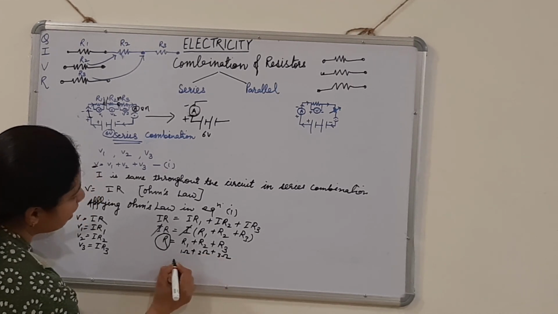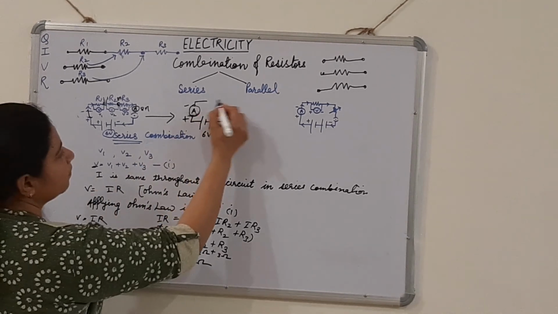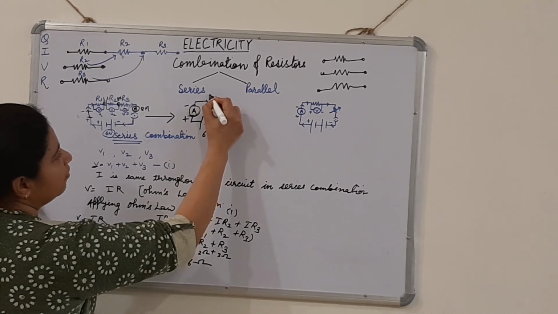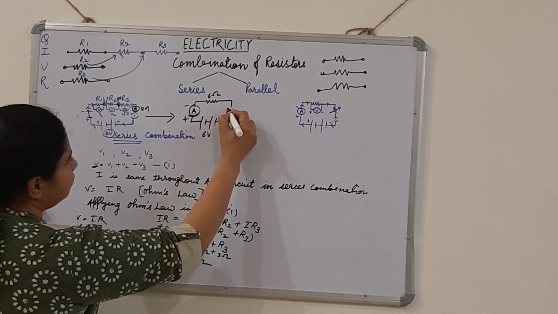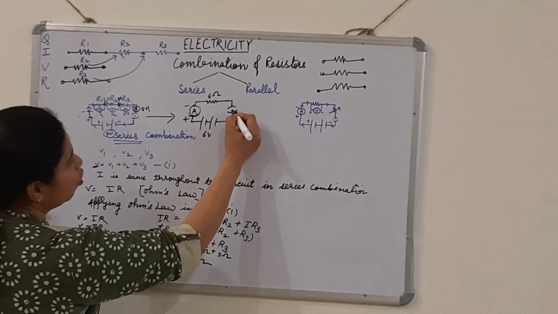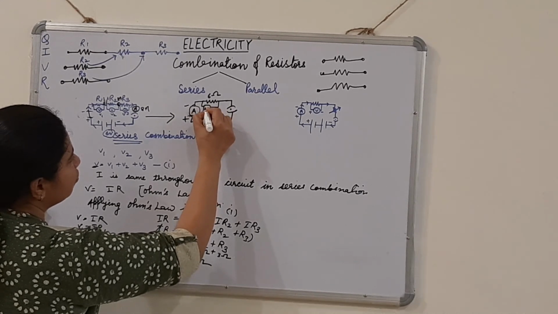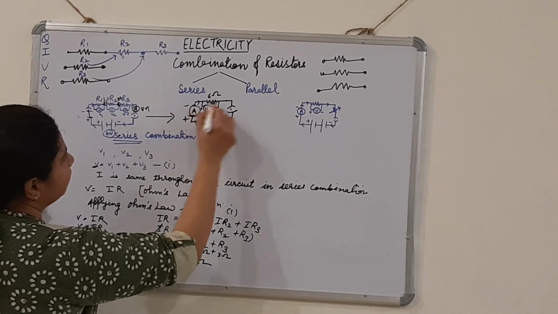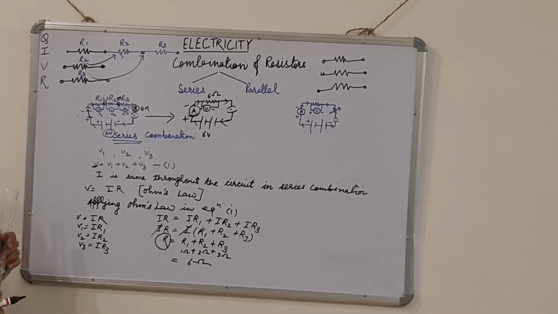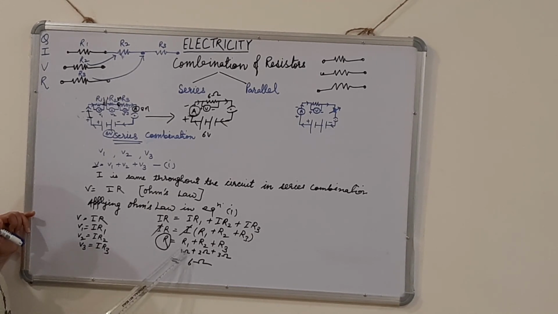When I combine, I get 6 ohm. That means instead of using three resistances of different values, if I use one resistance of 6 ohm, I will get the same reading. This is how it goes. That means in series combination, the resultant resistance is equal to the sum of the individual resistances.